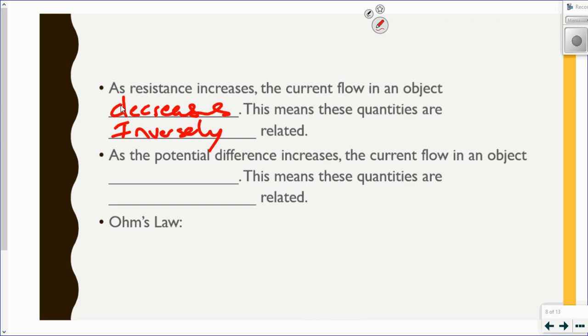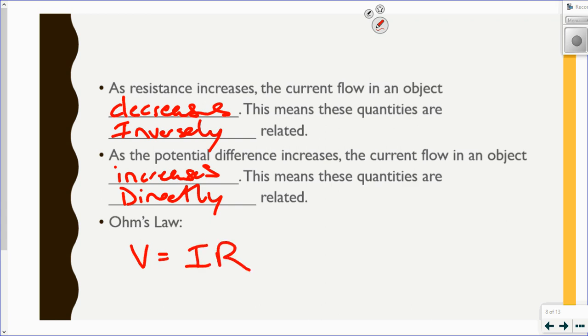And as the potential difference increases, the current flow of an object also increases, showing that these are directly related. So that allows us to write an equation for Ohm's law based on what we know above, and you'll see Ohm's law is V equals I R, which you might have seen before.